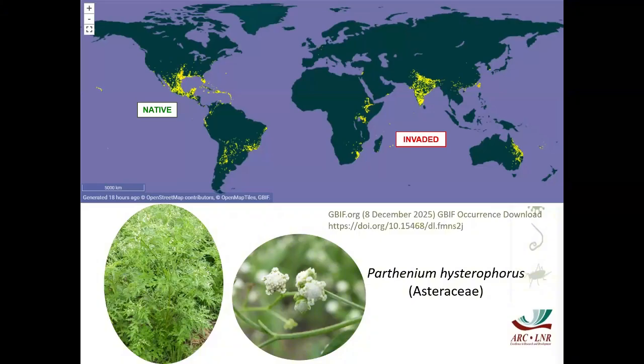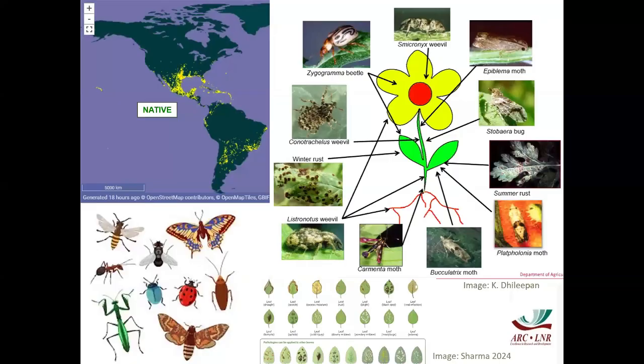Parthenium hysterophorus is native in Central and South America, and it is invaded and is present in at least 50 countries. In its native range, it has a suite of natural enemies, hundreds of different insects and mites, pathogens that are associated with the plant, and these allow it to keep the plant in check.